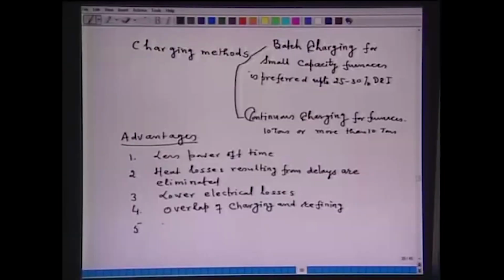So, charging and refining are overlapping each other, that is good. Fifth, the reaction between carbon and FeO of DRI is taking place during the charging of the sponge iron.